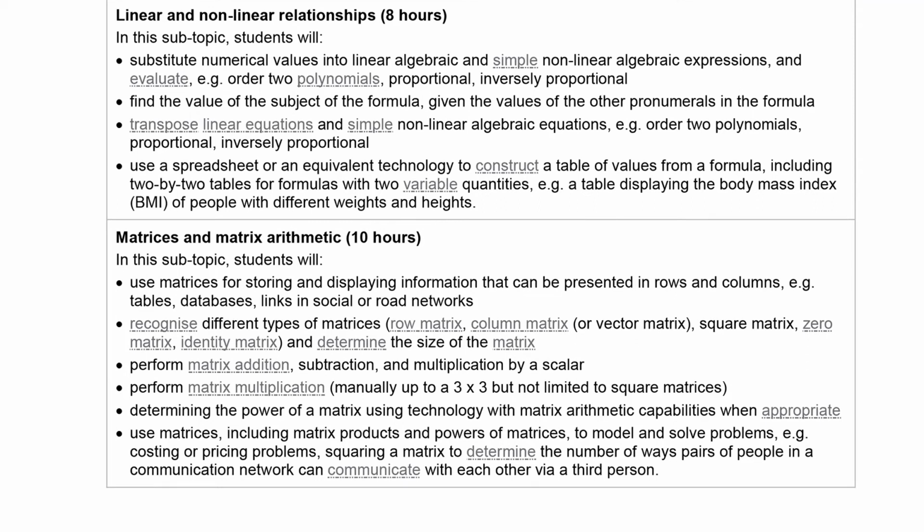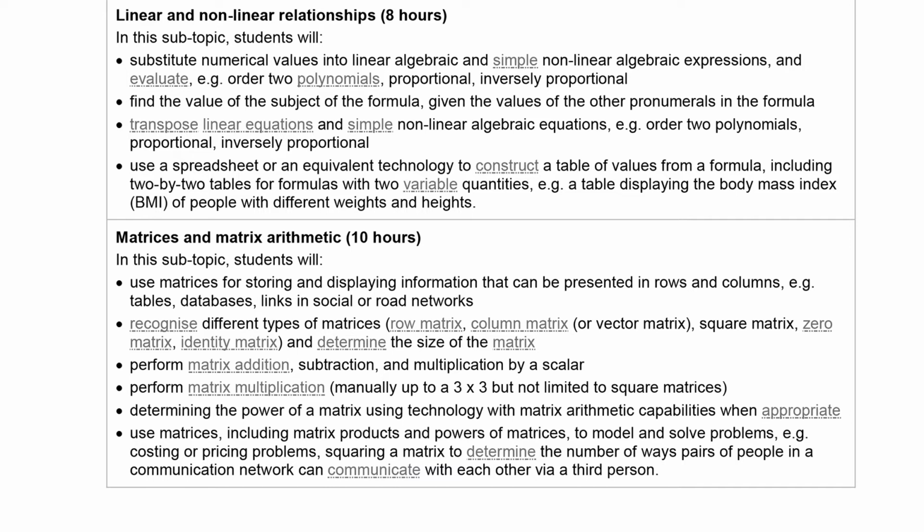So what is it asking us to do there? Well, first of all, we need to talk about the reasons why a matrix is a good way in which information can be stored. It gives some examples of where matrices can be used in real life.